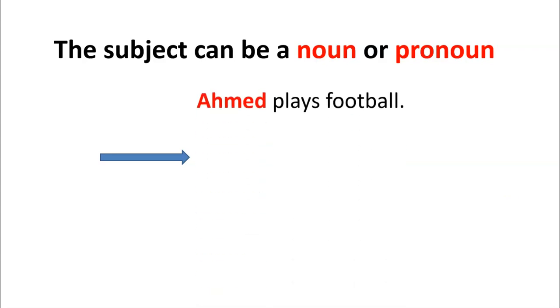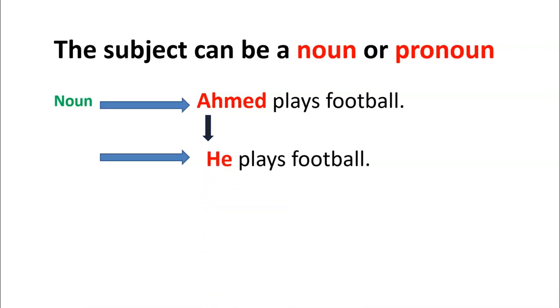For example, look at this sentence. Ahmed plays football. I have the subject, Ahmed. Plays is the verb. Okay? As you see, I put S for this subject. Why? Simply because Ahmed is the subject pronoun he. In this sentence, Ahmed is a noun. But if I want to remove the noun Ahmed, I can say he.